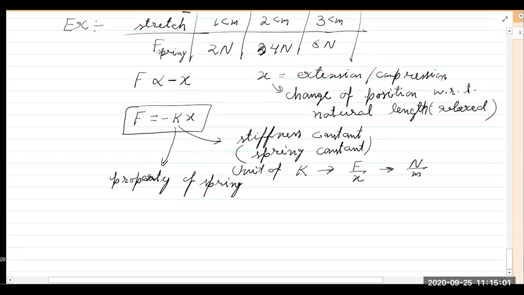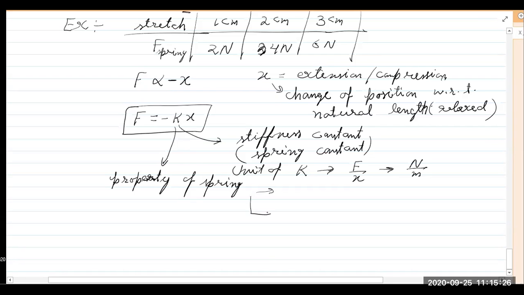If you stretch both springs by 1 centimeter, the force developed in the bike shock absorber spring will be much larger. So K will be larger for the bike spring, and for the refill spring, if you apply an extension of 1 centimeter, the force developed is comparatively small. If the force developed is small, then we can say that K is small for the refill spring.